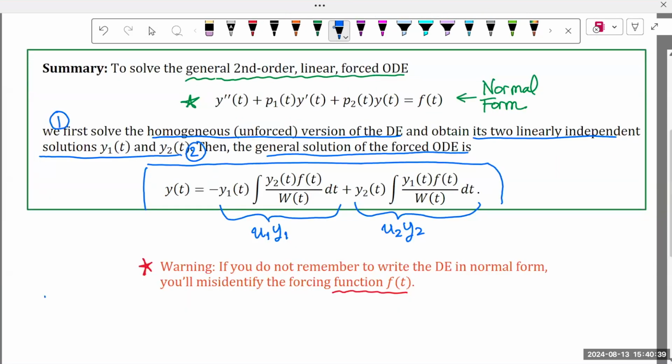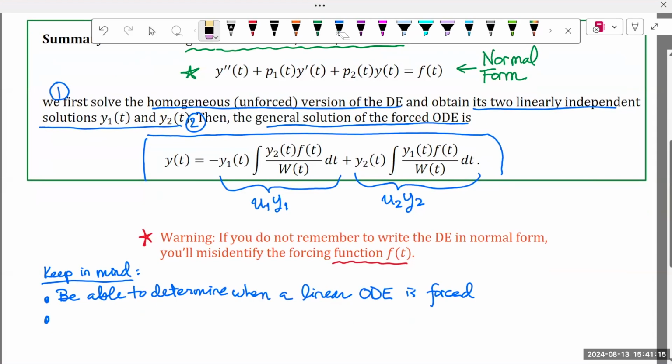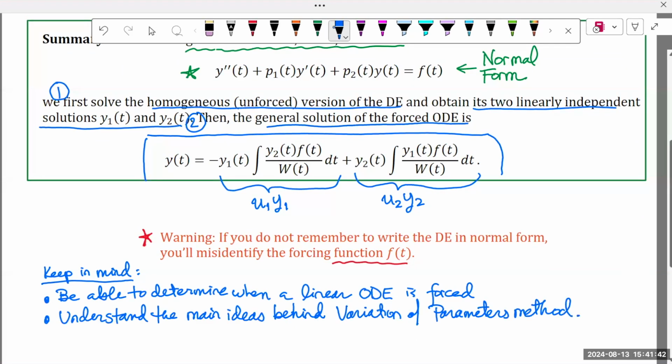Some important things to keep in mind. You'll want to make sure you know how to identify when a linear ODE is forced. Make sure you understand the main idea behind the variation of parameters method. Remember, the big picture is that we are taking a combination of the basis functions of the solution space of the associated homogeneous DE, combining them with functions as opposed to constants, and then searching for what those functions, u1 and u2, are by taking derivatives and making some simplifying assumptions.